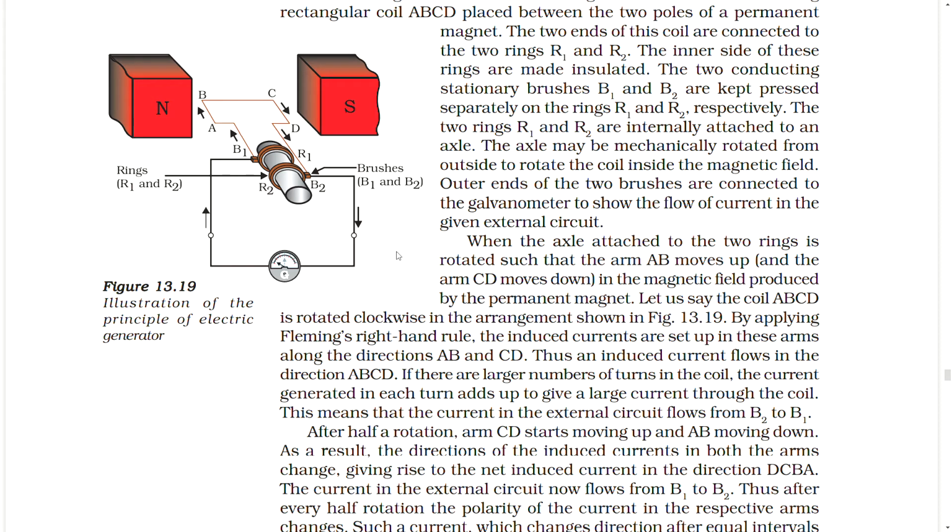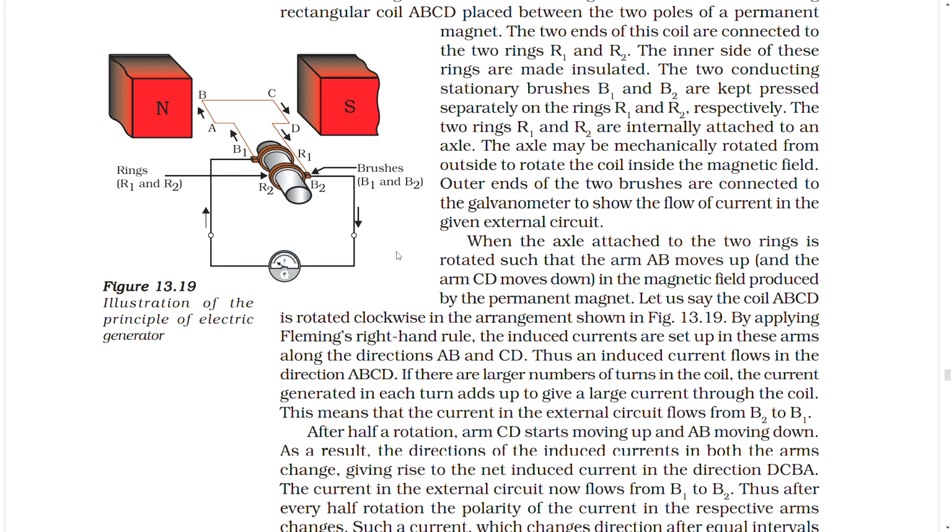When the axle attached to the two rings is rotated such that the arm AB moves up and the arm CD moves down in the magnetic field produced by the permanent magnet, let us say the coil ABCD is rotated clockwise in the arrangement shown in figure. By applying Fleming's right-hand rule, the induced currents are set up in these arms along the directions AB and CD.